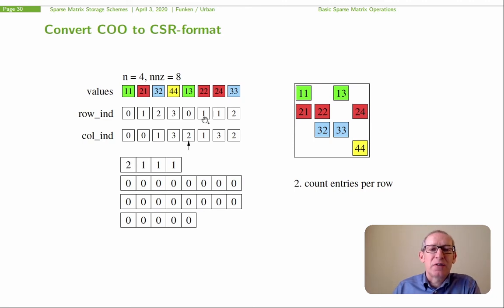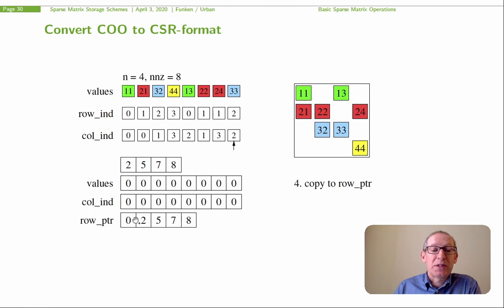The next row index will be 1. Then we have again 1, and then we have 2, that will increase 2. In the next step, we build the cumulative sum. So 2 plus 3 gives 5, plus 2 gives 7, plus 1 gives 8. It's given here, and we copy this to this row pointer vector. Now this gives the entries where we can store where the row will start.